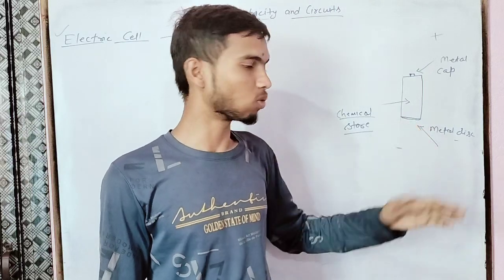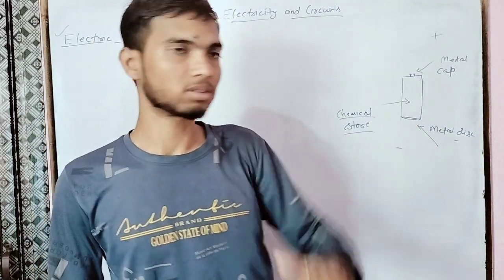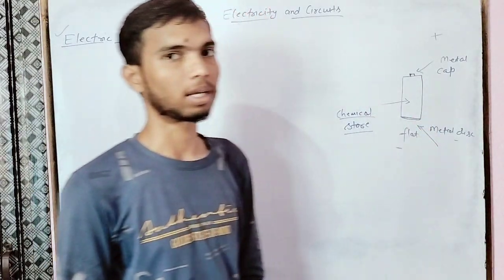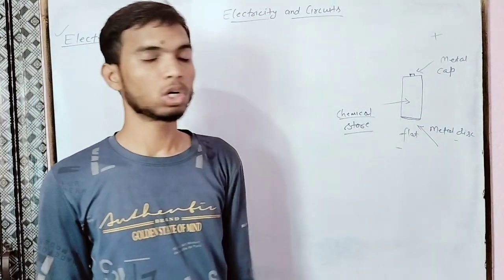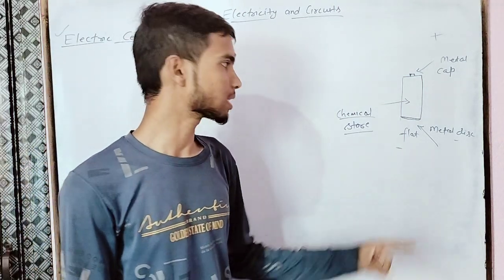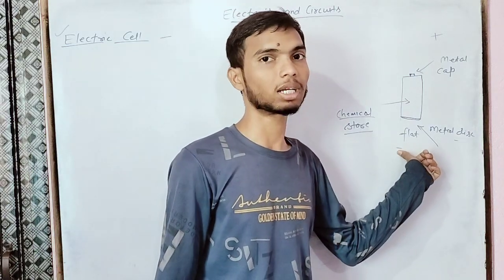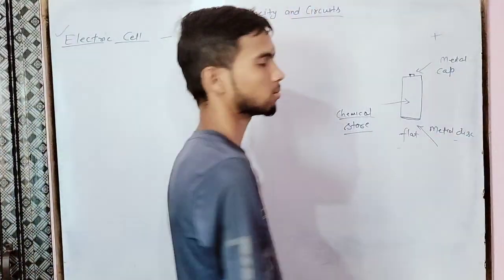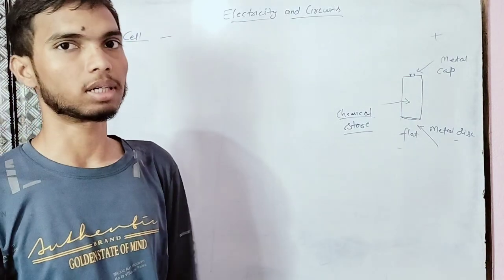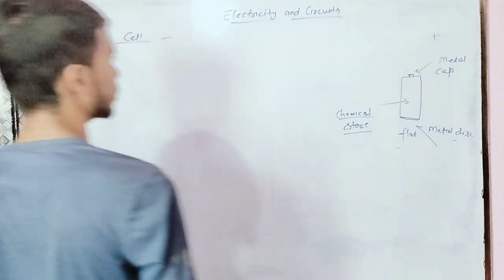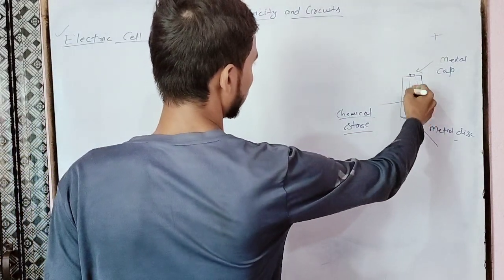This other side is flat, not a cap, so it is considered a metal disc, and it will be known as the negative terminal, represented by the negative sign. So cap is positive terminal, disc is negative terminal.